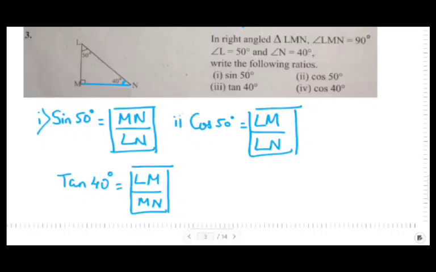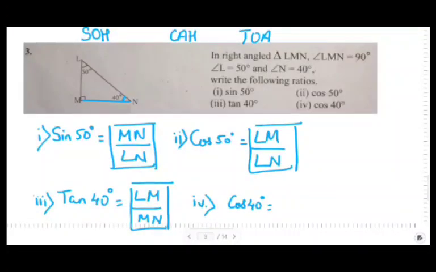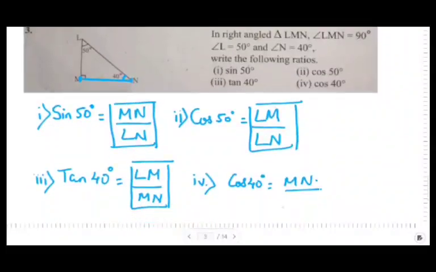This is my second one. This is my third one. And my fourth one is cos 40 degrees. Cos is CAH, cos 40. So this is MN, that's adjacent, and hypotenuse is LN.